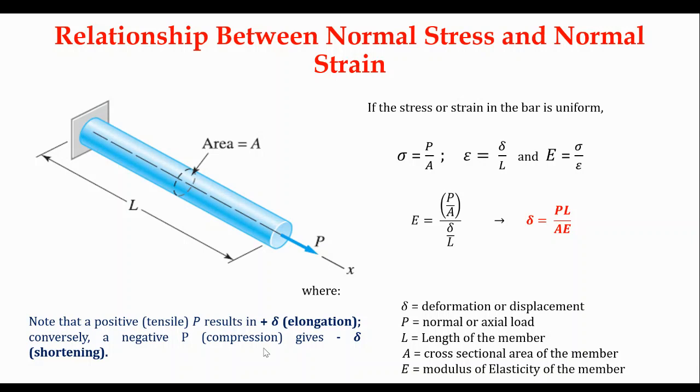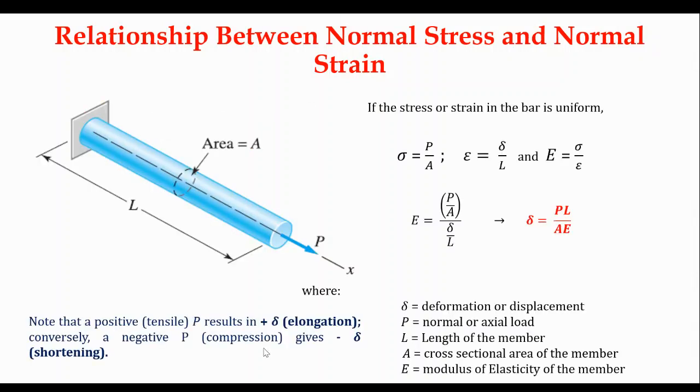Okay, so how about if the area of our material is not uniform? By the way, this formula is only true if our cross section all through the length of the member is the same. For example, if the area here is A, the area here should also be A. The area should be uniform.